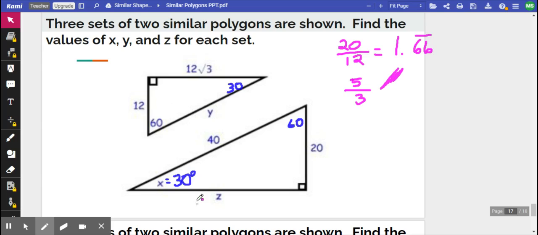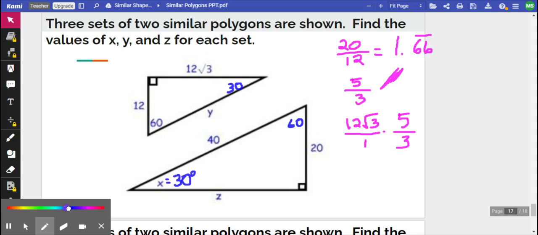If I wanted to get z, I can do 12 times the square root of 3, multiplied by that 5/3, which I'm going to use. If I have that 3 in the bottom, I can divide this 3 and this 12 by 3. So I would have a 4 right here.